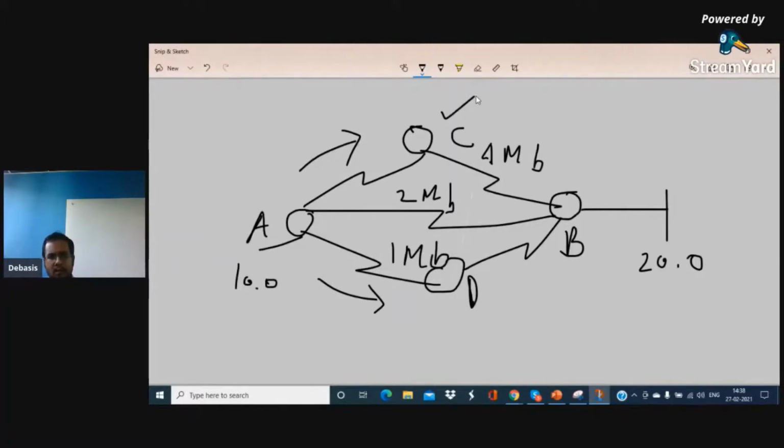And in the case of EIGRP, it will take the least bandwidth link, 1 Mbps. These are the different criteria that dynamic routing protocols use to send packets. This processing happens inside the router process, and for that, the processor overhead is much more in the case of dynamic routing.